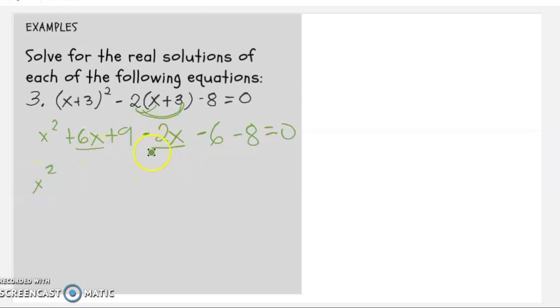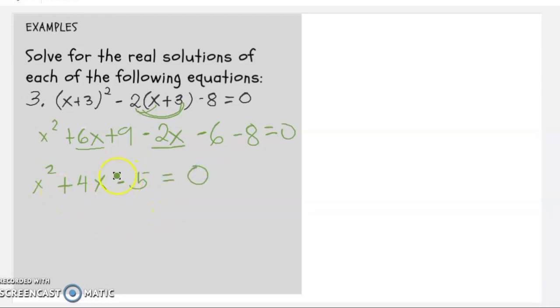O, 6x minus 2x is positive 4x. Okay, o, ito namang mga constant. 9 minus 6. So, we have positive 3. Tama? 3 minus 8 is negative 5 equals 0.